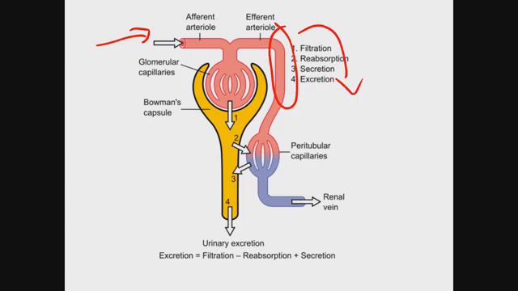Now, going to the peritubular capillary. Like I said, the efferent arteriole helps to regulate the hydrostatic pressure between the two capillary beds. When there is high hydrostatic pressure, about 55 millimeters of mercury, in the glomerular capillaries, there is very quick fluid filtration. And when there is a low hydrostatic pressure in the peritubular capillaries, there is high reabsorption.